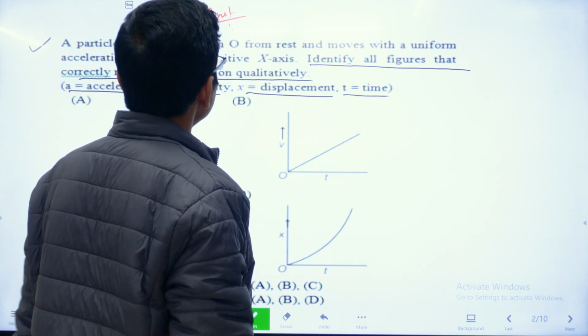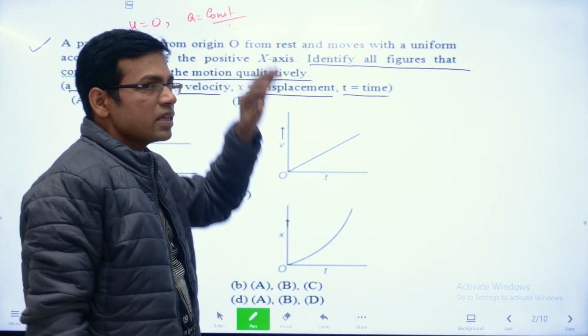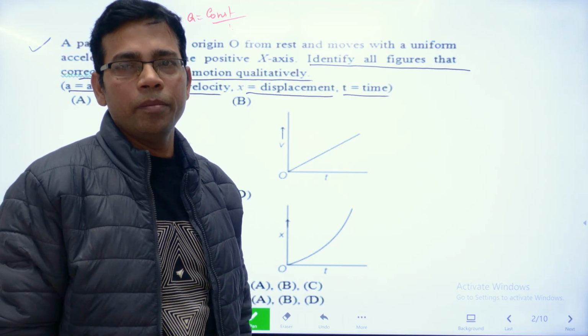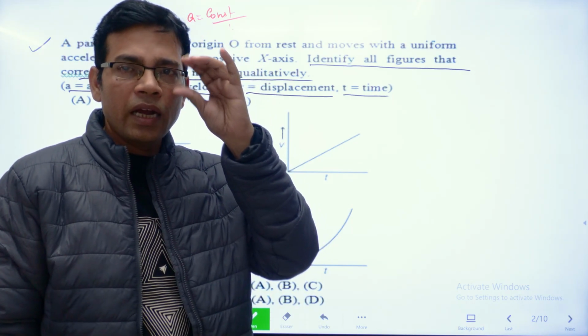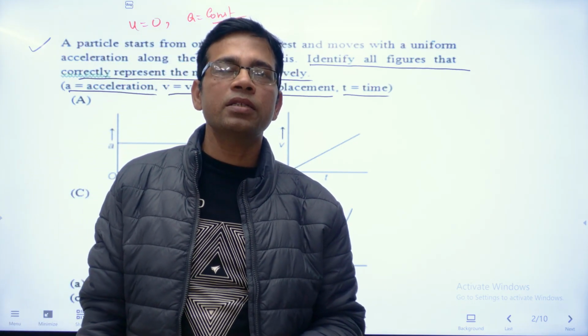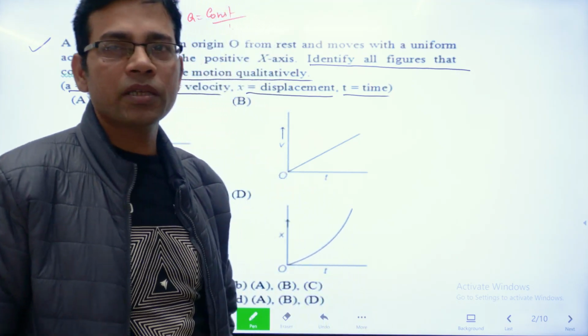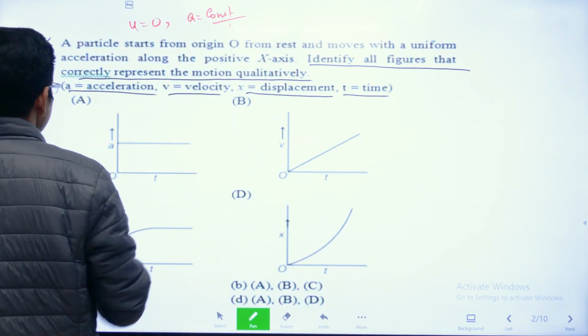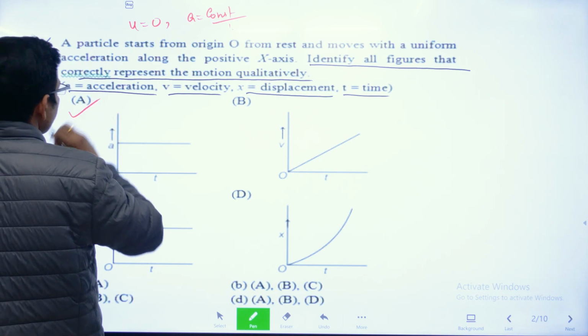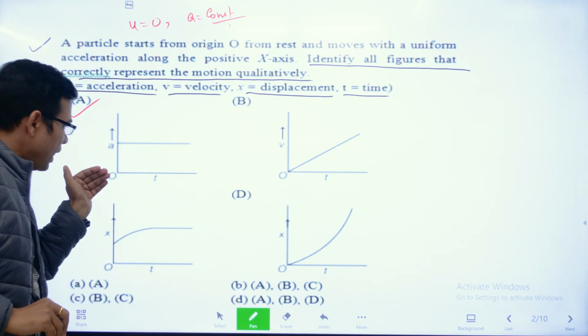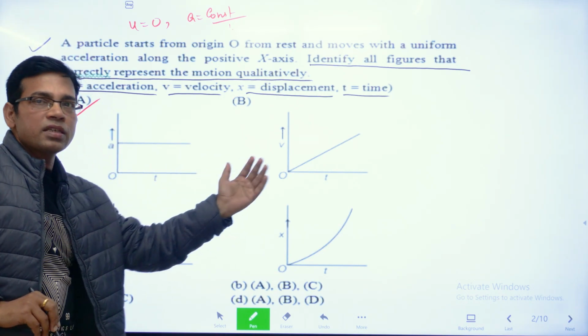If acceleration is constant, it means acceleration is not changing with respect to time. So we can say that this graph is the right graph, because as the time changes, this acceleration is constant.